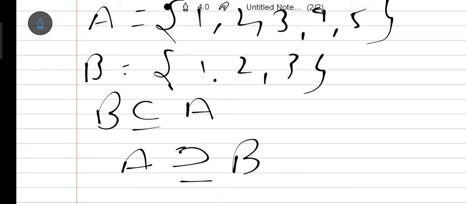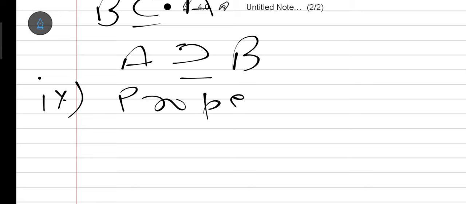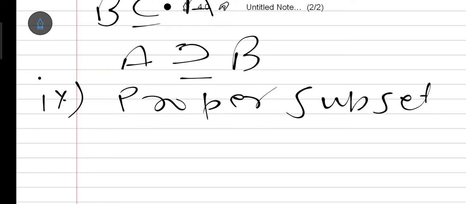Okay gentlemen, let's move ahead and come to proper subset. Now, what does proper subset mean? It means that if A is a subset of B and A is not equal to B, then it is written in a particular way. This is the ninth one. Let's understand it by example.